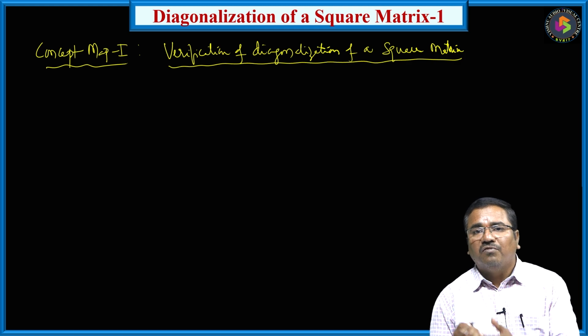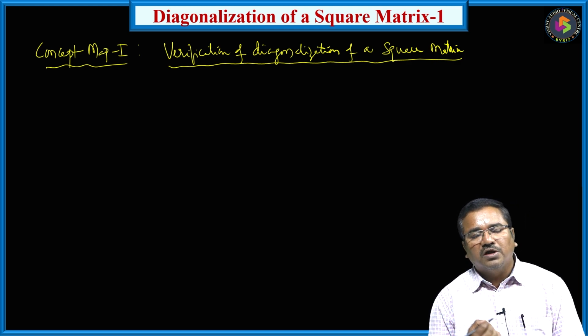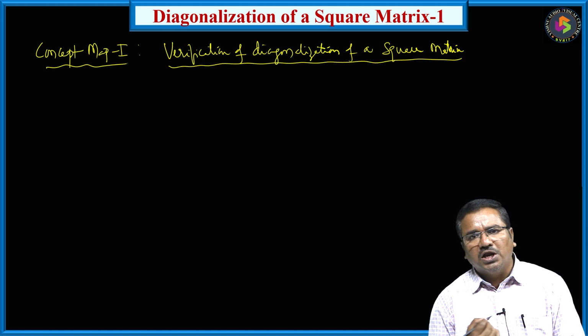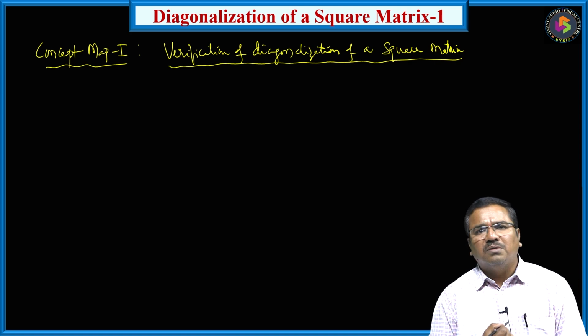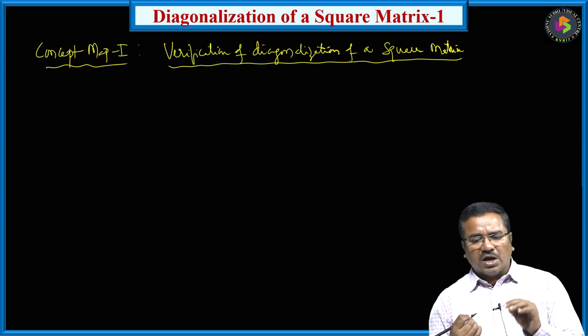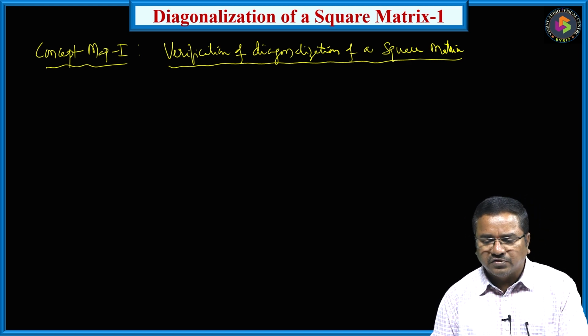What happens if fewer? If less than 4, we cannot form a table. For example, A is a 3 by 3 matrix and finally we got only 2 linearly independent eigenvectors. In that case, that matrix is not diagonalizable. So keeping that theorem in mind, I will draw the flow chart for verifying the diagonalization of a square matrix.